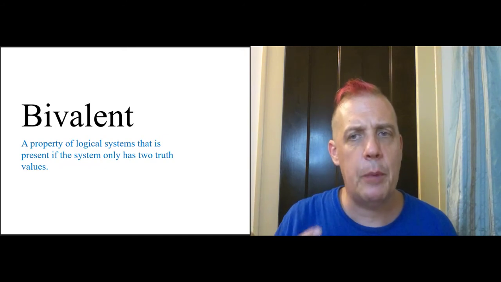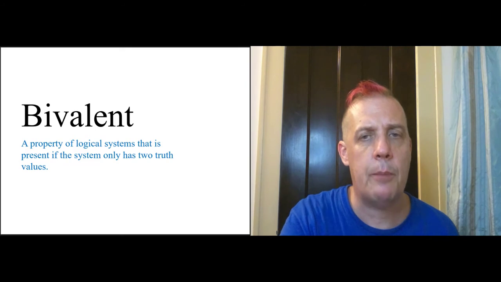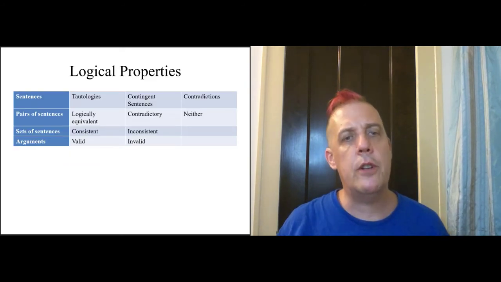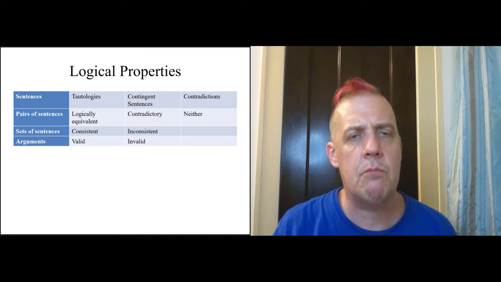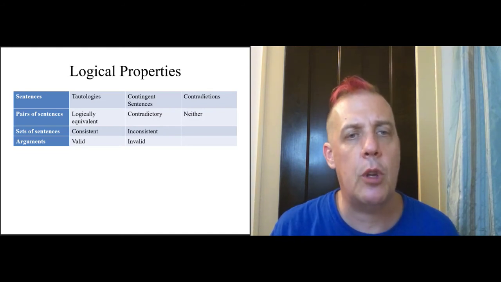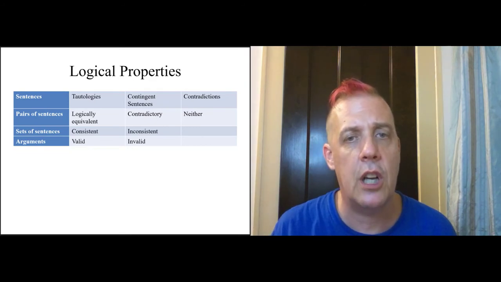So once we can talk about truth values, we can begin to talk about other logical properties. And so that's what's going to be going on now. We already talked about how an argument can be valid or invalid. And now we want to do things for other groups of statements. So any individual statement we're going to say can be a tautology, a contingent statement, or a contradiction.